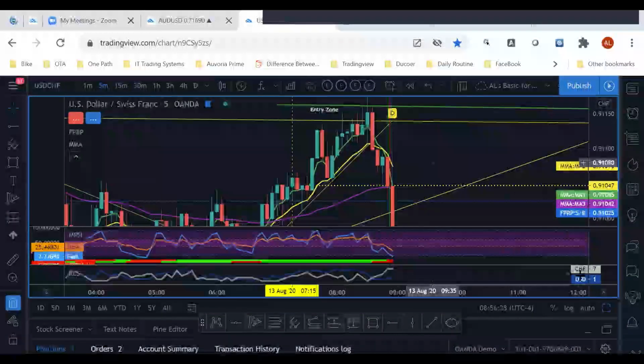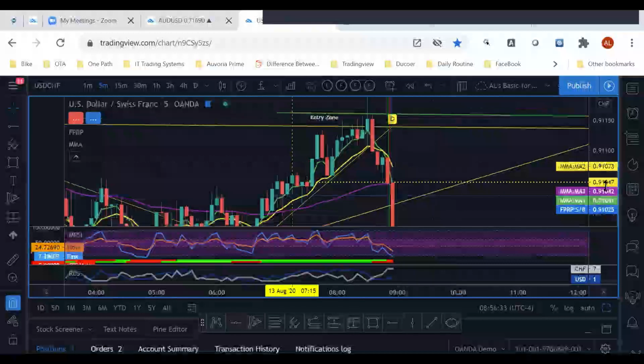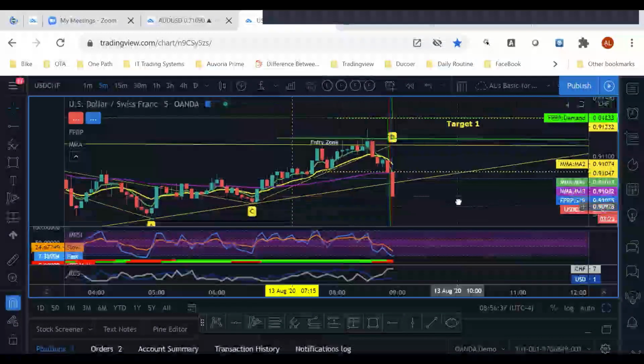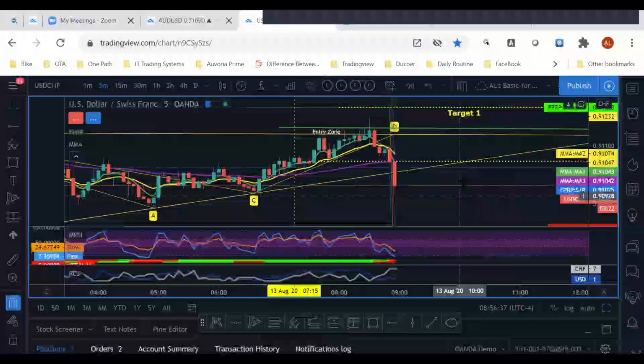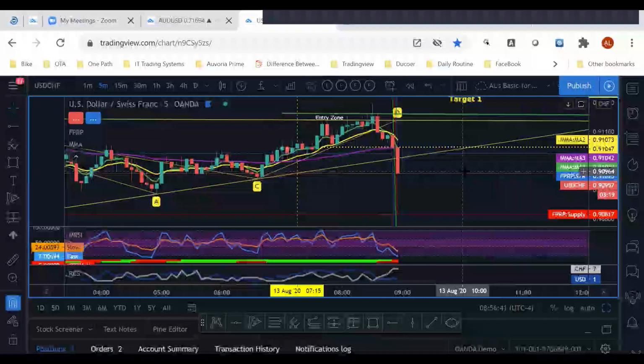So right now the Swiss is starting to show that it's going to break out the bottom, and we may want to take this thing short. The dollar just got strong. It's gotten weak all of a sudden.